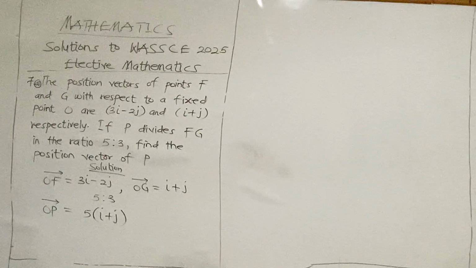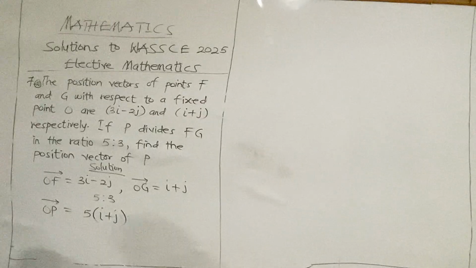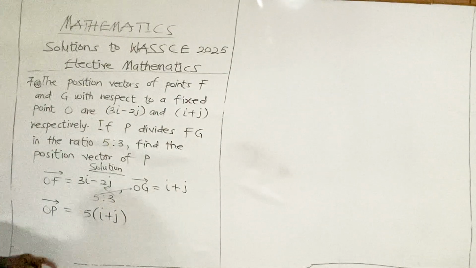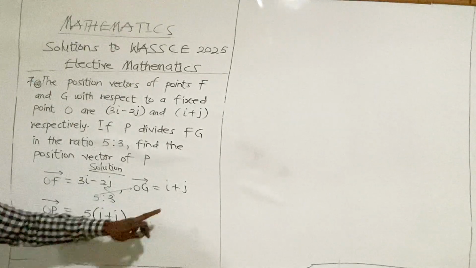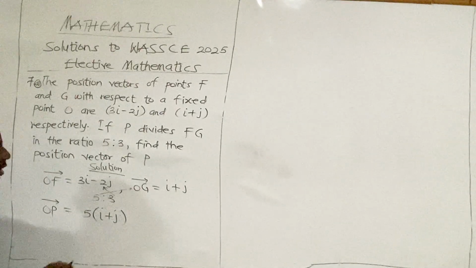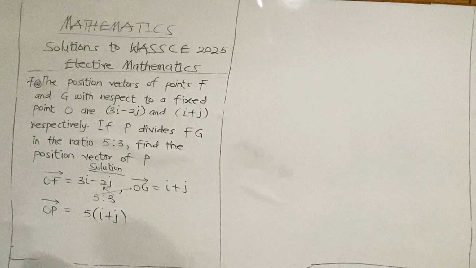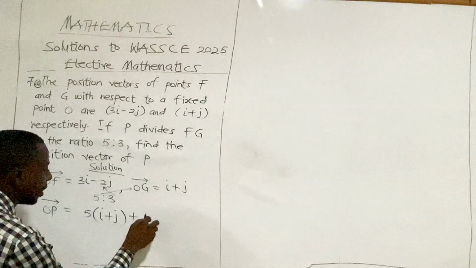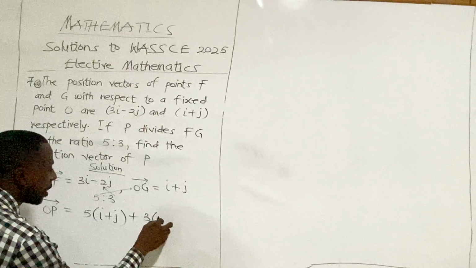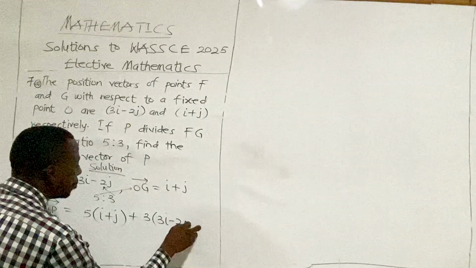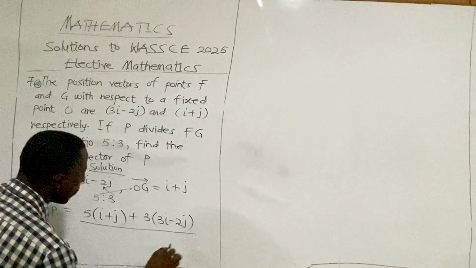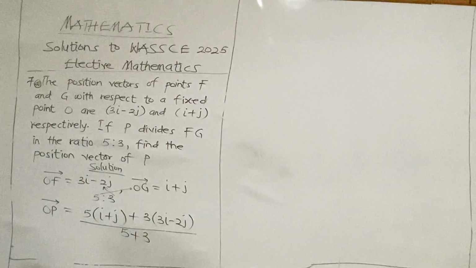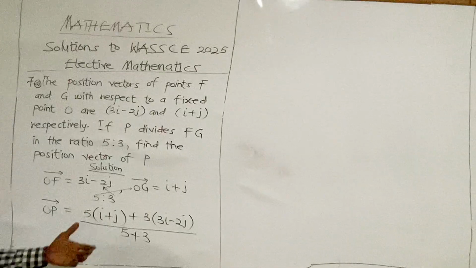Anytime we are dealing with the ratio, it is just like cross multiplication. This will multiply this, then this will multiply this. So the 5 will multiply the i plus j, plus the 3 will also multiply 3i minus 2j, all over the sum of the ratios, 5 plus 3. Now we are going to continue with the simplification.